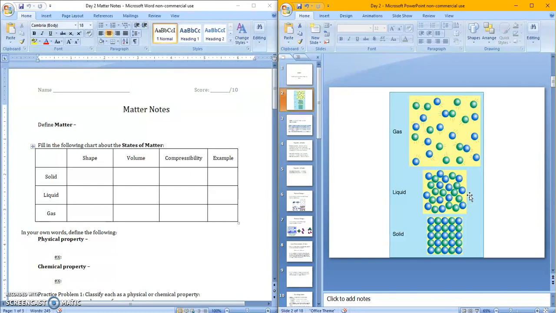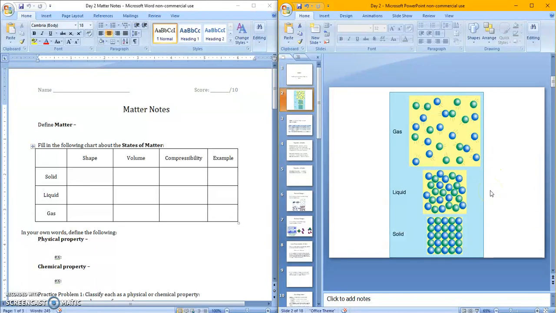So liquids also have a consistent volume. But gases, on the other hand, are moving so fast that sometimes their volumes can shrink and expand depending on their situation, depending on if you're pushing them together or pulling them apart. So gases don't actually have a specific volume.